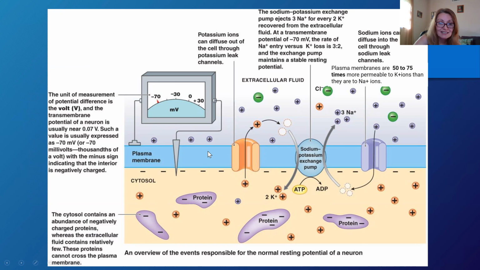For example, ions cannot move through the membrane. They need channel proteins. Now if you look inside the cytosol, you can see a large number of proteins. And those proteins are negatively charged right over here. So that gives us some negative charge inside. Plus, what else? Look at this, the sodium-potassium pump. The sodium-potassium pump is found in every single cell of your body.